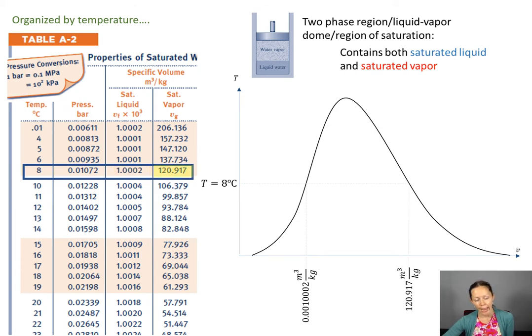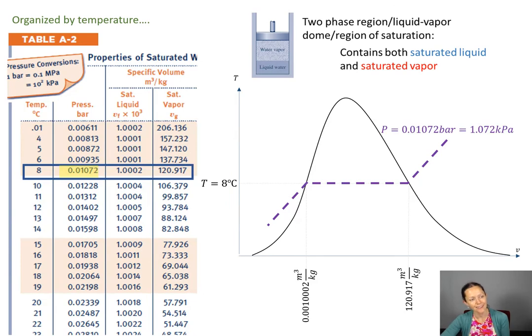All right. And as you might expect, 120.917 meters cubed per kilogram, that's my v sub g. That's the specific volume associated with a saturated vapor, right on that saturated vapor line at 8 degrees Celsius for water. All right. And then the last thing is the pressure.